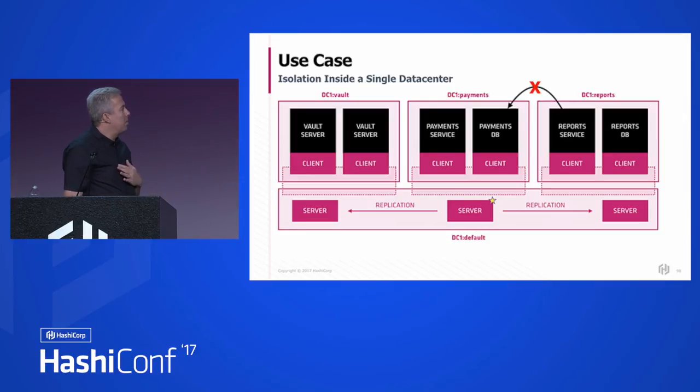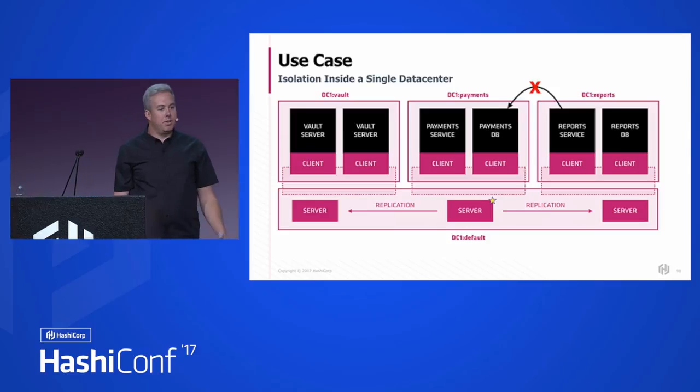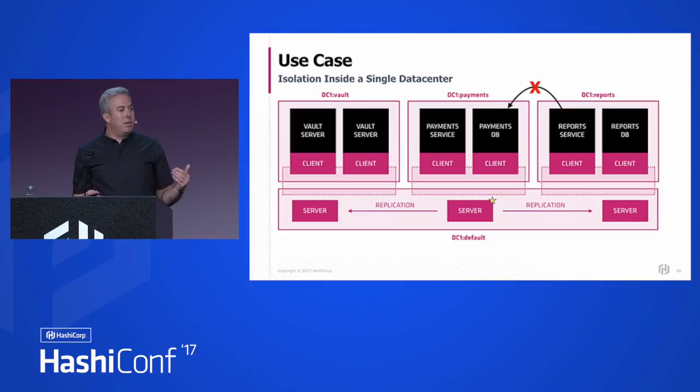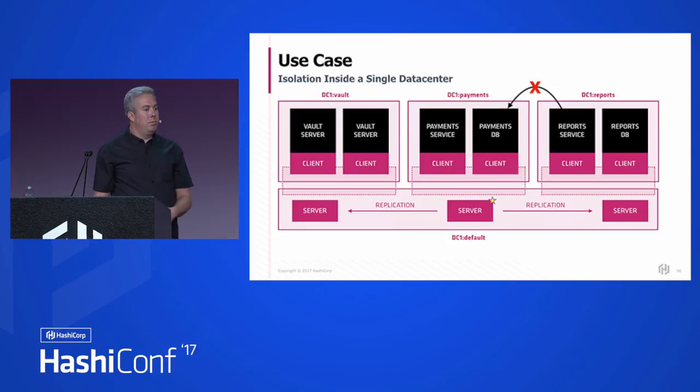This is a super common request we got from a lot of large-scale Consul users. They said, these are related, but we don't want to run a whole bunch of Consul servers, especially for something with only 3 other agents in it. But there's no way this is going to be allowed to do gossip with all these other servers. So by being able to compartmentalize your data center into different segments, you can meet your network requirements and not have to run a massive set of Consul servers.